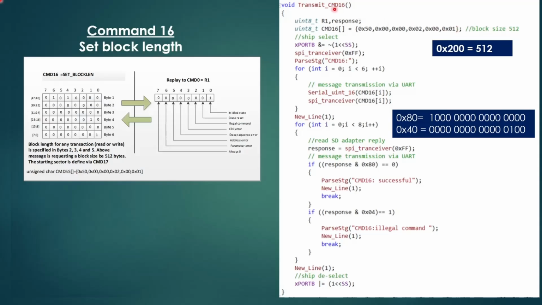Now we don't have any input to the transmit command 16 because we're always going to deal with a block size of 512. However, if we needed something different, then we would have to modify these routines so we can put in a different block size.